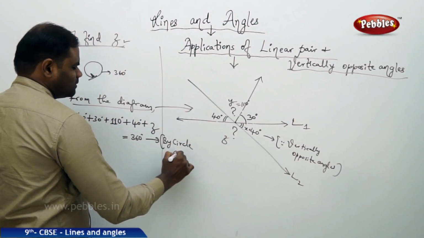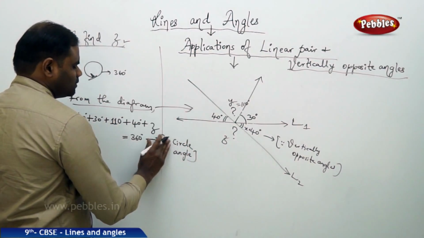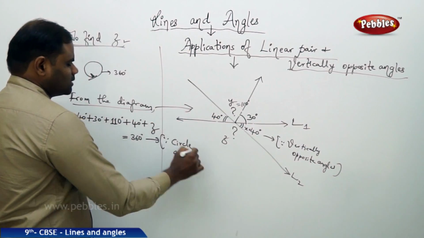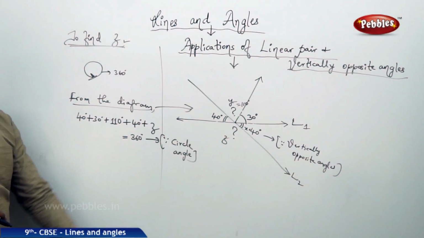By circle angle, or since this is a circle angle, it must be equal to 360 degrees.